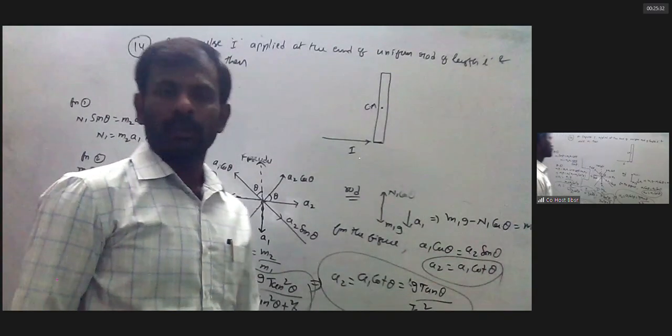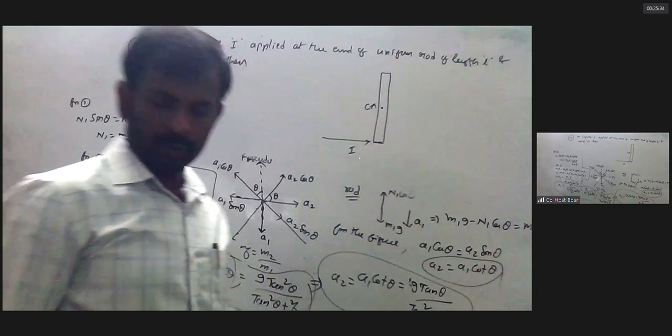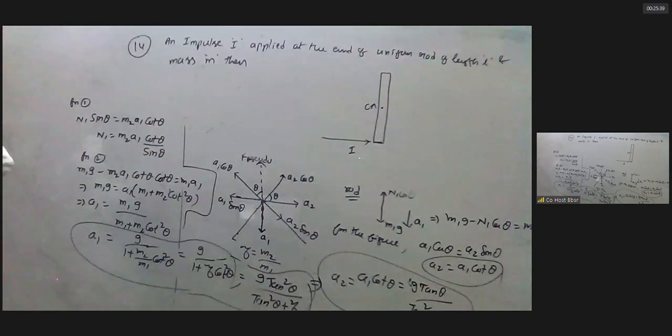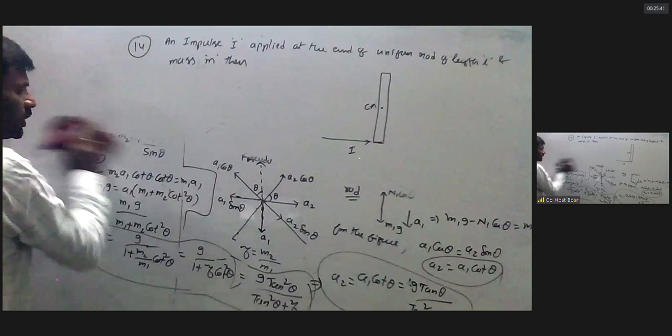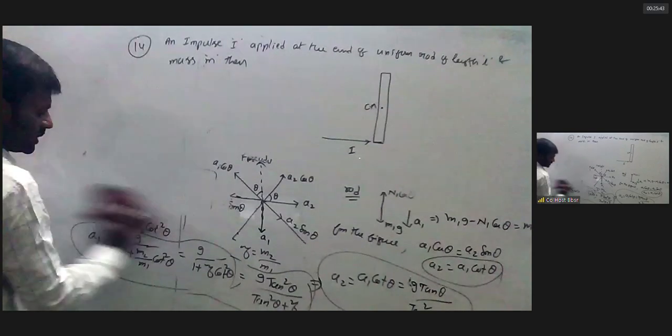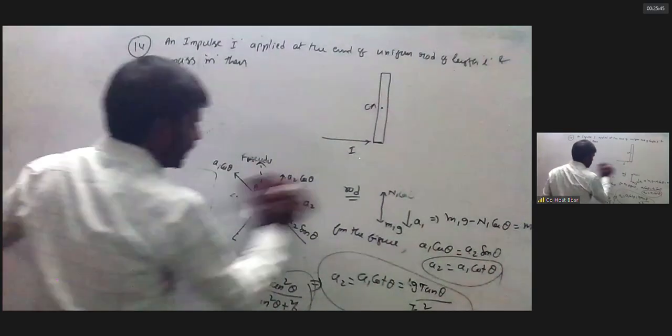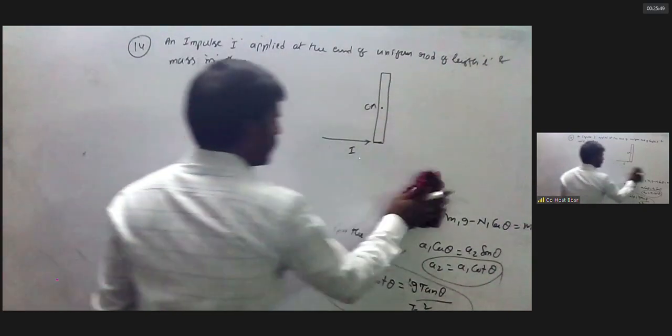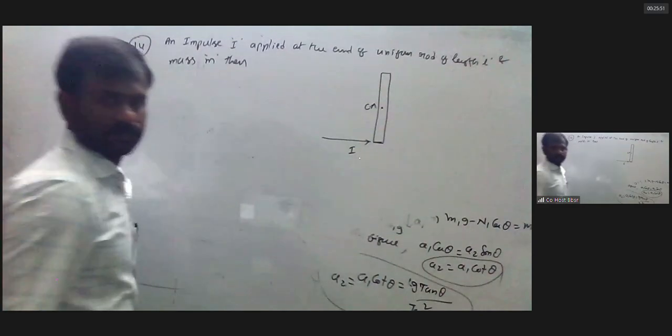Okay. Where have I written this? I have written it here. Now you see, has anybody solved this question? Anyone? Or 2, 3, 4, all? Any one of you solved this question?